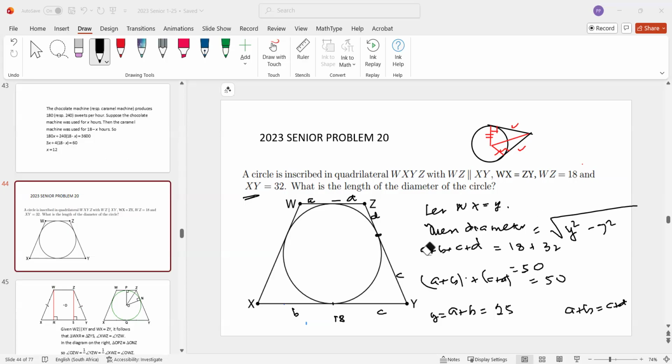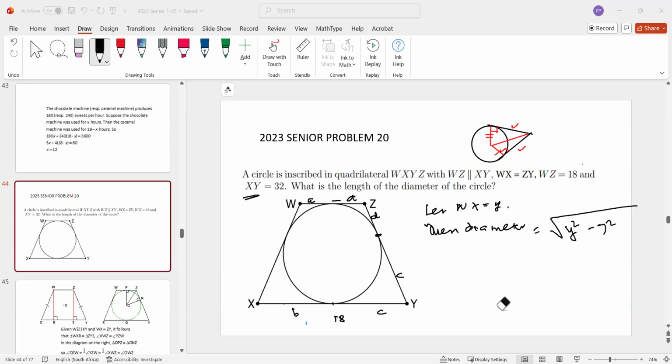So therefore you got your diameter. Your y is 25, so the diameter is the square root of 25 squared minus 7 squared. There's no need to use your calculator here, because this is the difference of two squares. So it's 25 minus 7 times 25 plus 7.